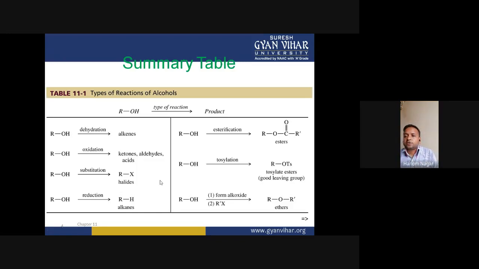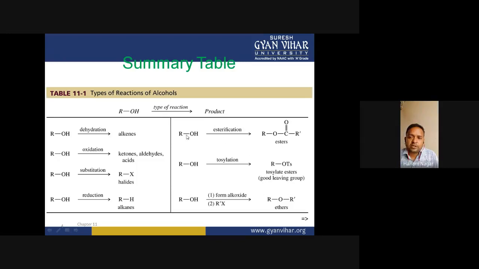And ROH alcohol by tosylation. Tosylation means the addition of a tosyl group to this alcohol, and this produces tosylate ester.